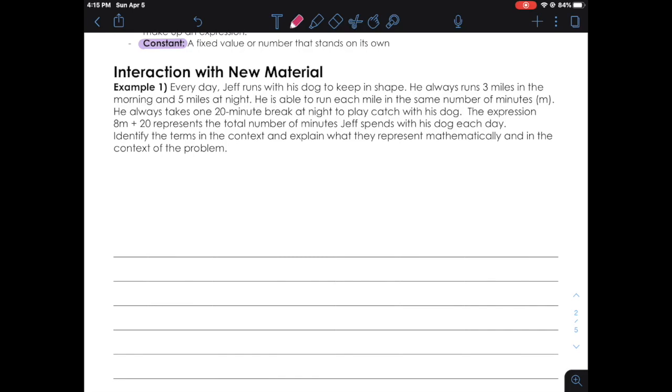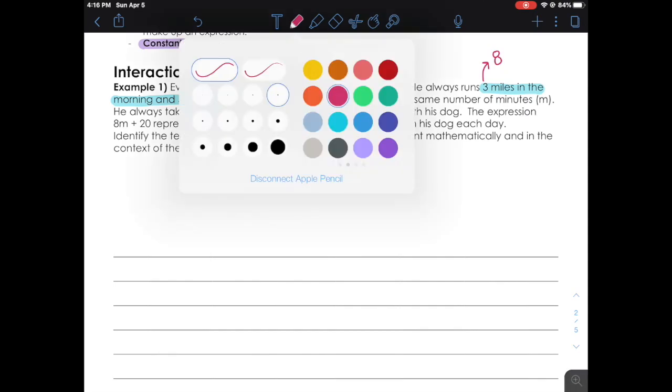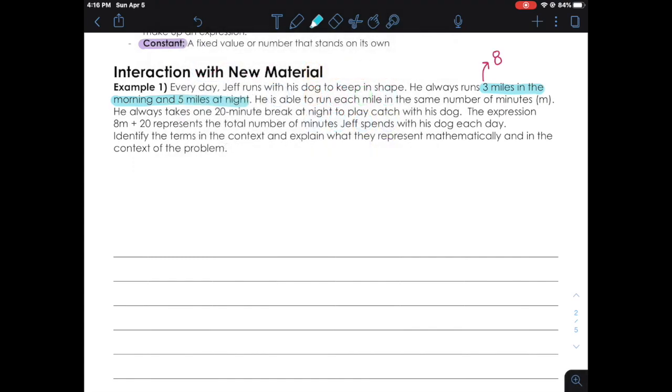So let's start by marking up the text. I'm going to highlight this time instead of use my pen. So it says he always runs a total of 8 miles, 3 in the morning and 5 at night. So we're looking at a total of 8 miles. Okay, and then we have to multiply the number of miles that he's running by that variable M, because that's going to tell us how many minutes it takes him to run those 8 miles.